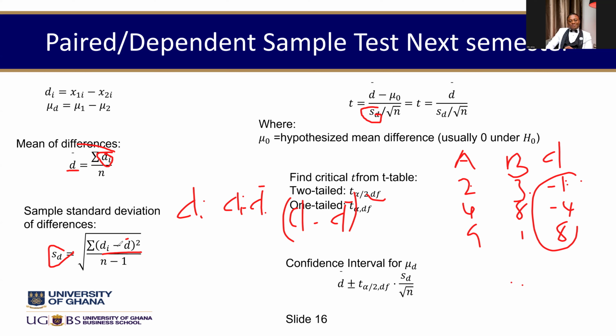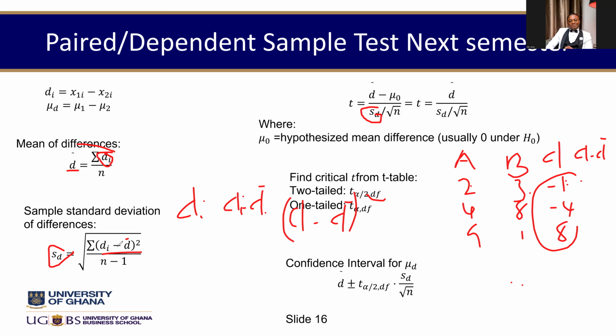Then that will give you the D i minus the D bar here. And then finally, you square it. And after squaring it, you sum it. And then you divide it by the sample size. If the sample size, this sample size is 10, and this one, this sample size is 10, then it means that you're going to divide it by the sample size of 10 because that's for 1.